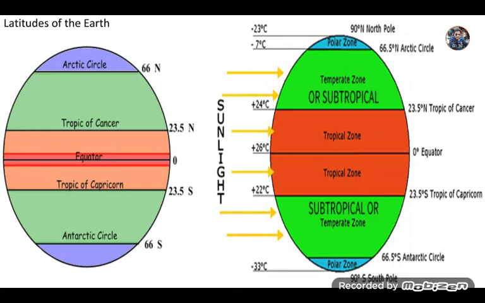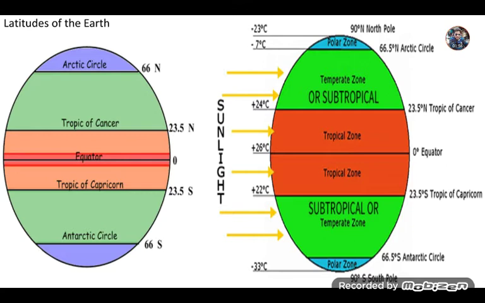That's why the climate in the countries lying in the tropical zone is generally very hot and humid.